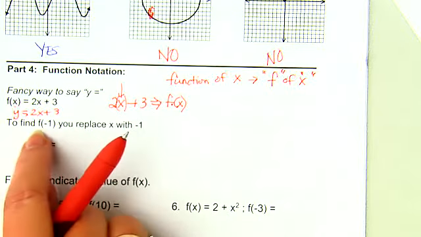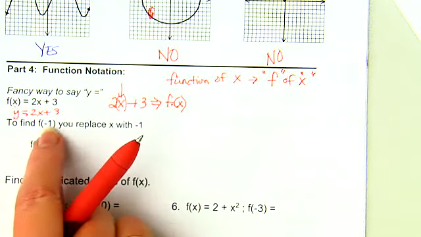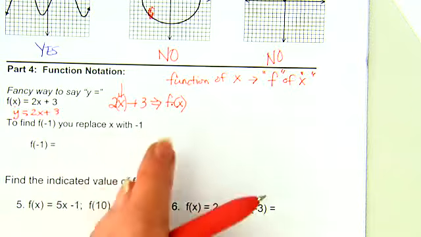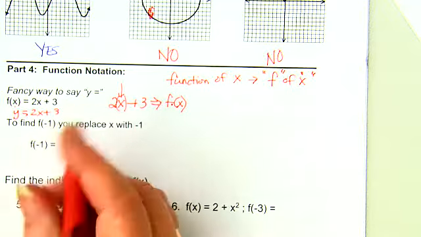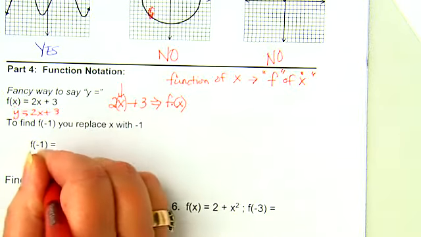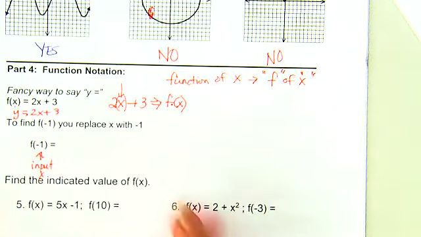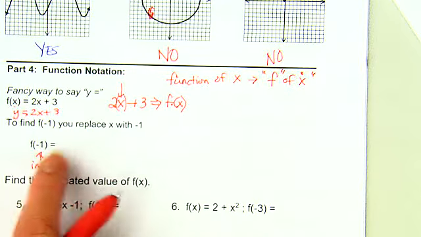If this is the x, then what's the output? The number in parentheses is the input, or the x. This is also called the independent variable.